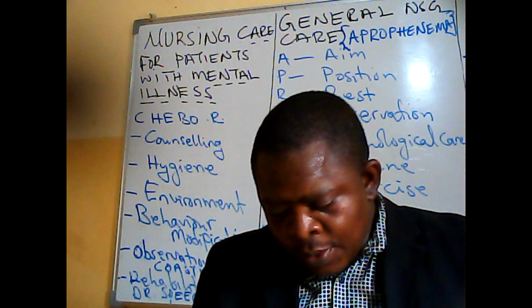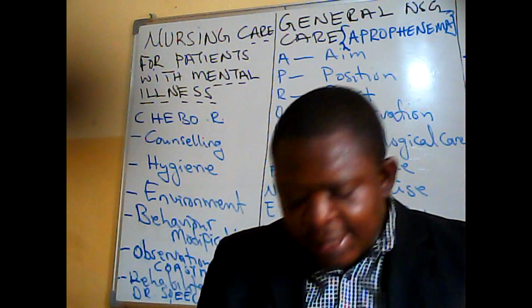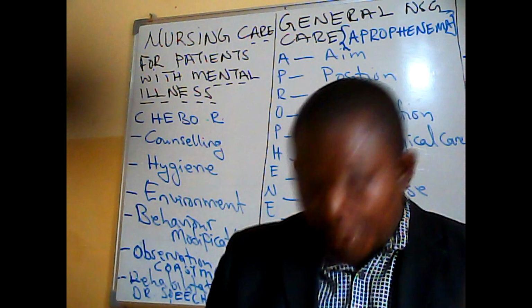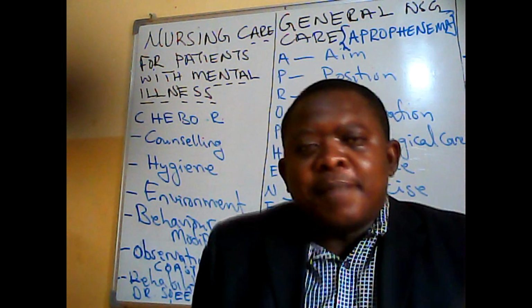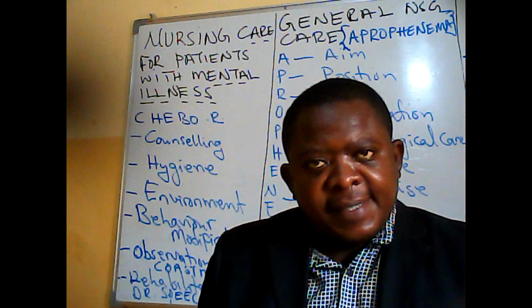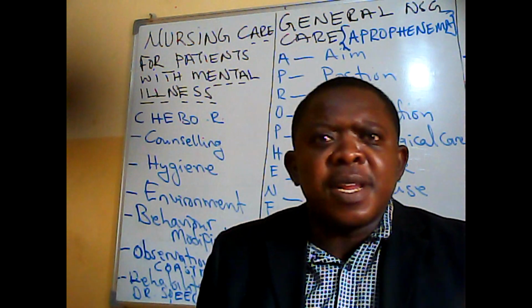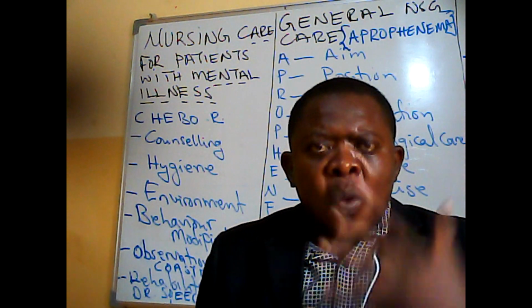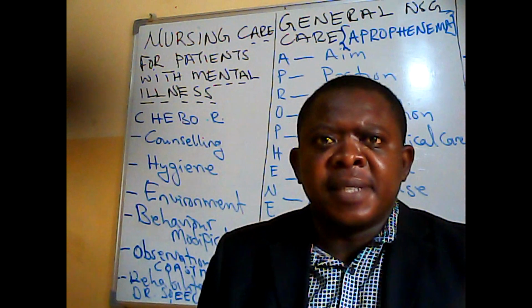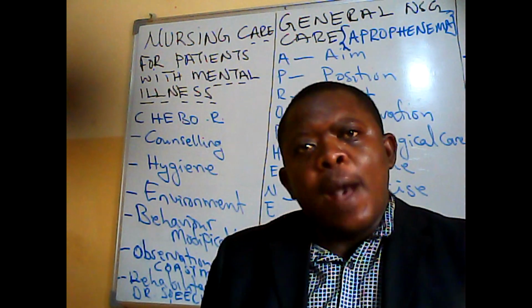All right, so it is COA, A is affect and mood. Look at the patient's interest in the environment. Look at them when they're doing certain activities. What is their facial expression? So A is for affect and mood.